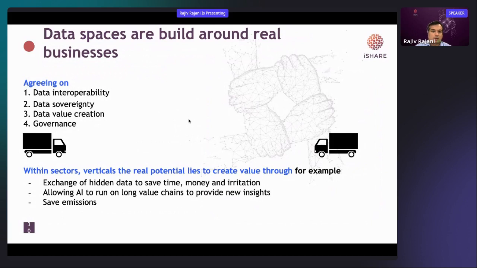And within sectors, verticals or domains, however you want to call it, there is a real potential for data exchange, which should create value for the participants involved. Value is not always generating money, but it can be bringing efficiency or complying with regulations or whatnot, because in the end, all those things give value to your businesses.